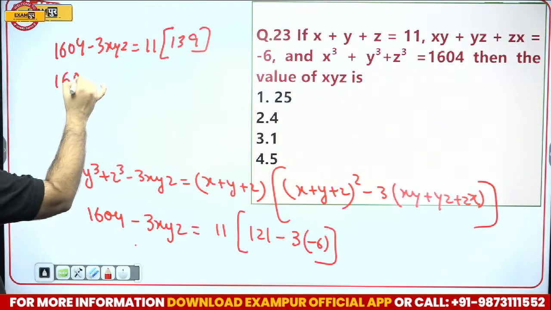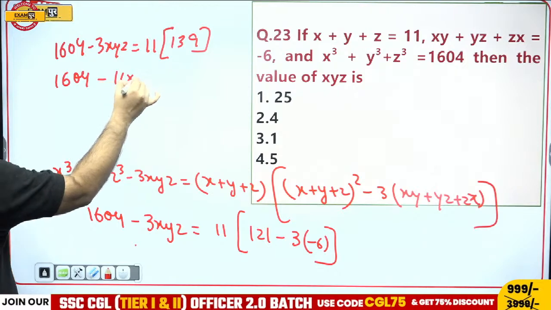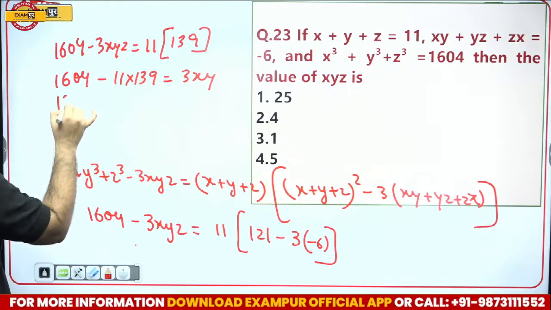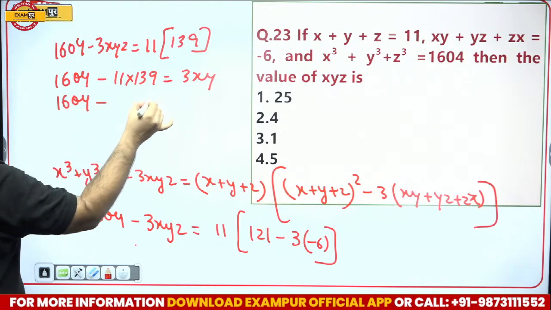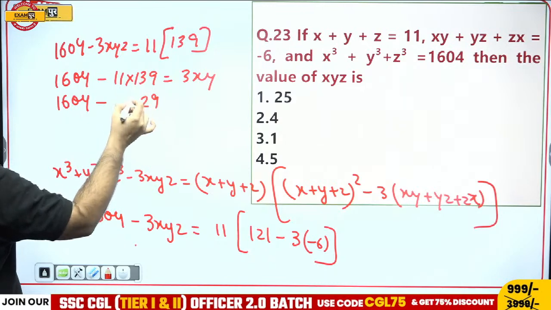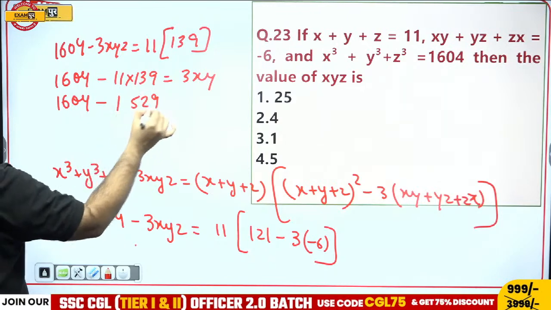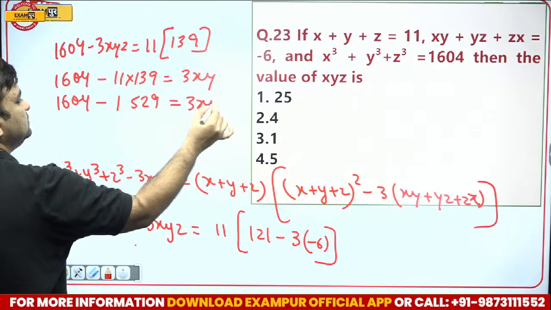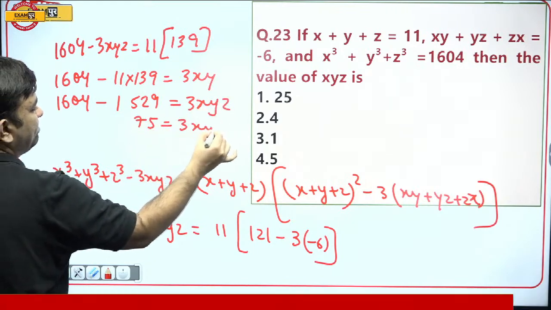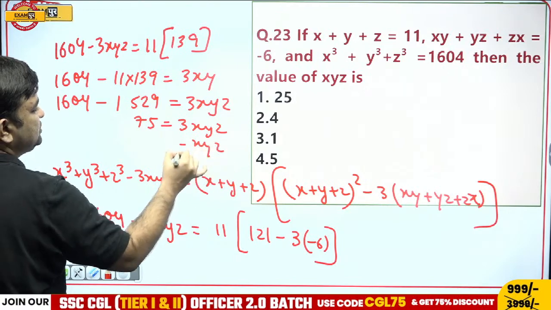So 1604 minus 11 into 139 is equal to 3xyz. That gives 75 is 3xyz, so xyz is 25.